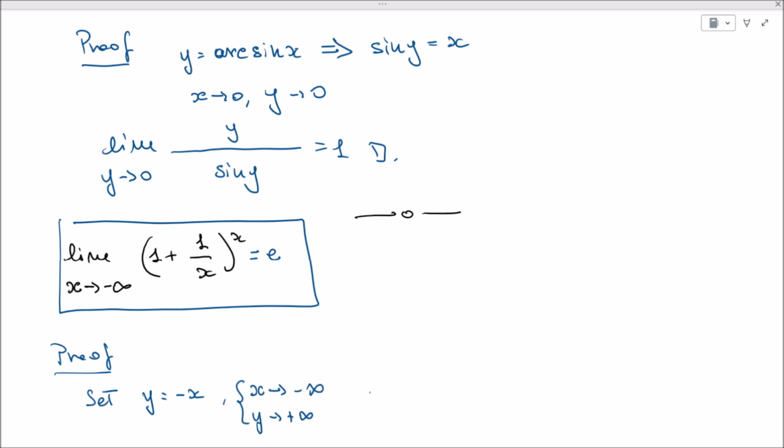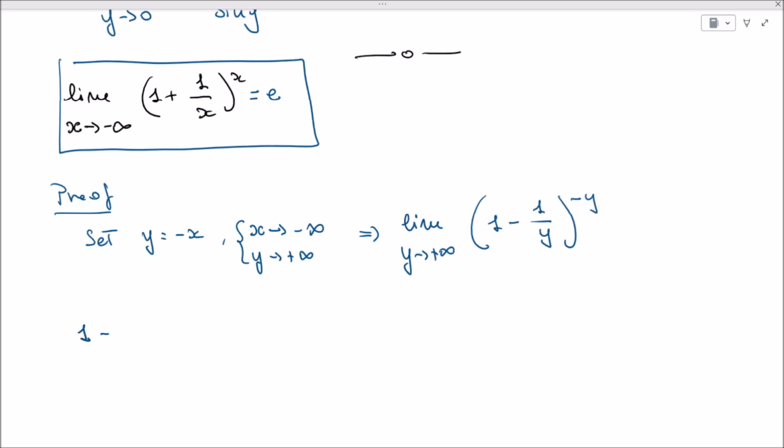So now we can rewrite the limit as follows. The limit as y goes to plus infinity of 1 minus 1 over y all raised to the minus y. Okay, so now the problem is how can we rewrite this term. Let me rewrite 1 minus 1 over y, all raised to the minus y, as follows.